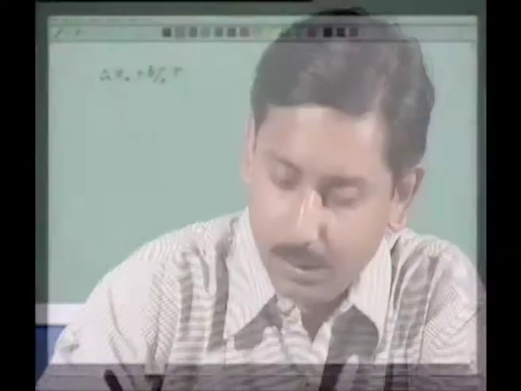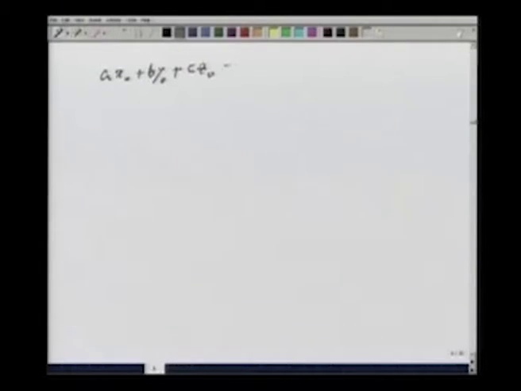Then A x naught plus B y naught plus C z naught is also equal to D. That implies A times x minus x naught plus B times y minus y naught plus C times z minus z naught is equal to 0.